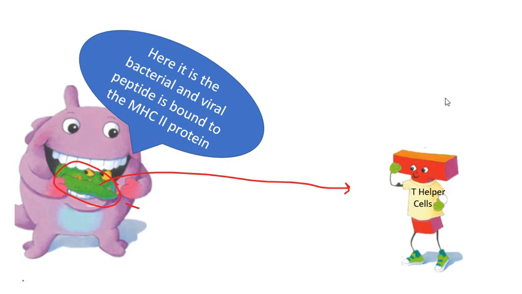It looks like this. So now the T helper cell has some information on how that pathogen looks, what its shape, configuration and form are. So they can inform the B cells to produce that specific type of antibody.